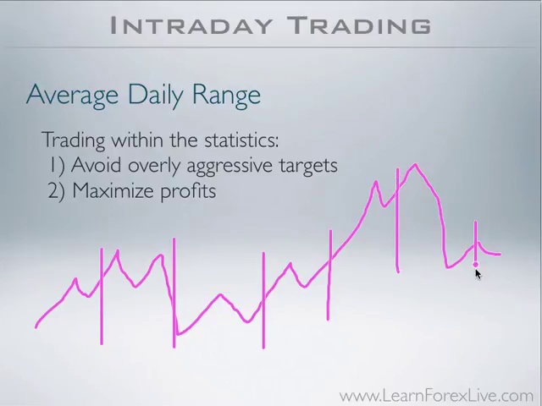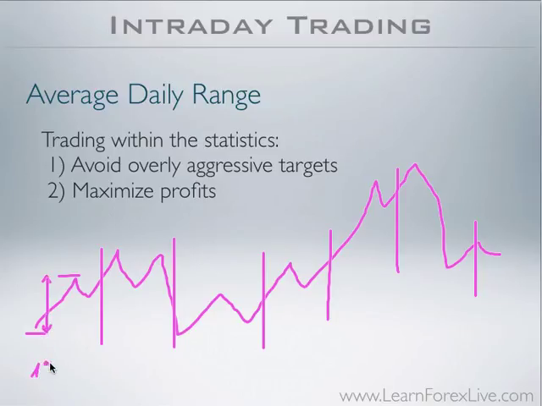Then you simply pick the low and high for the day, and count the number of pips, basically how many pips that currency pair has ranged within that trading session.